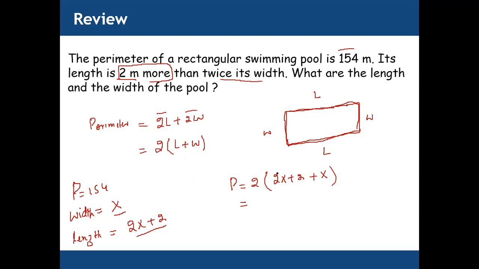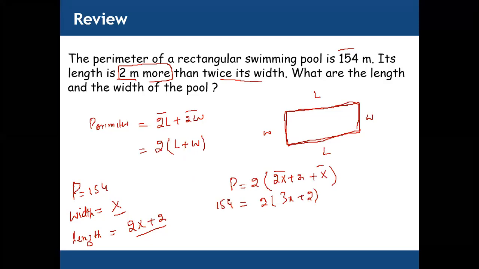So 2x plus x equals 3x, and then we have plus 2, equal to 154 because the perimeter equals 154. So 154 equals 2 threes are 6x, and 2 multiplied by 2 equals 4.